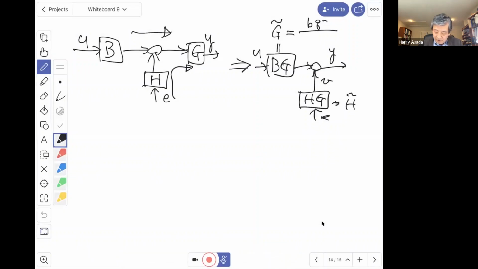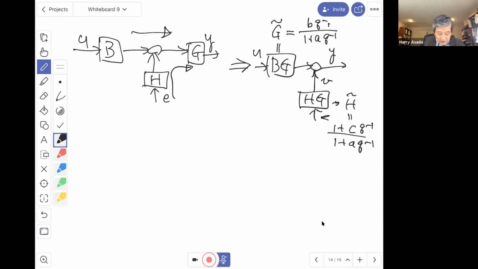Okay. So, 1 plus a q inverse, right? And then this H tilde is basically, for the path, H is 1 plus c q minus 1. And then this guy is 1 plus a q minus 1, right? Okay, cool.